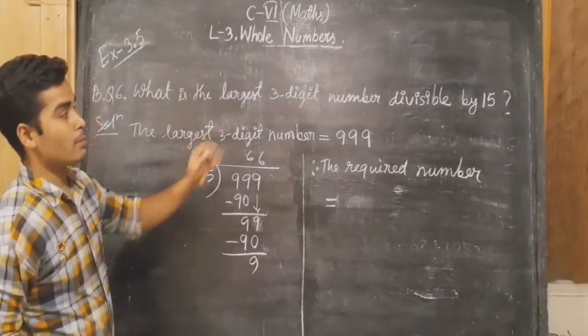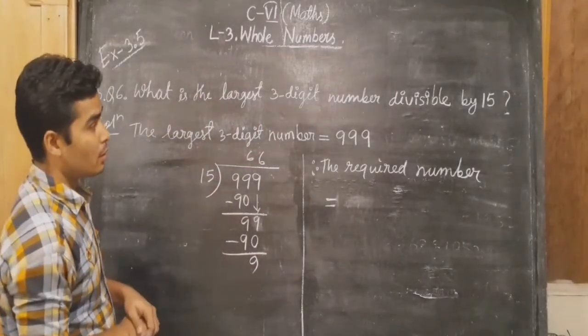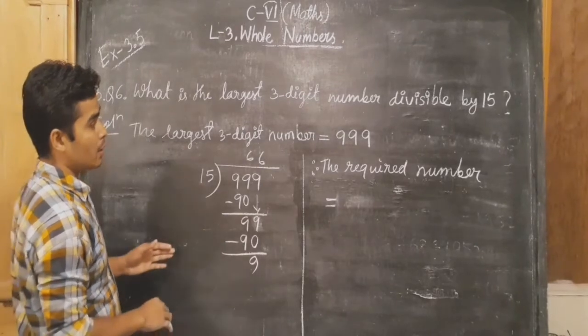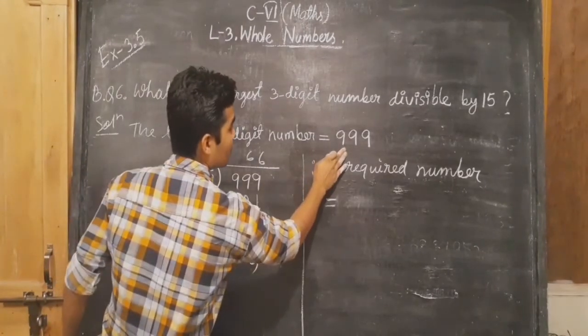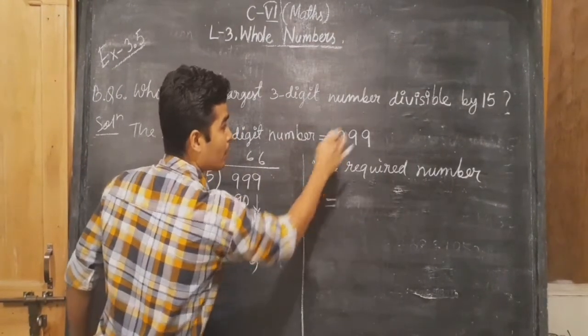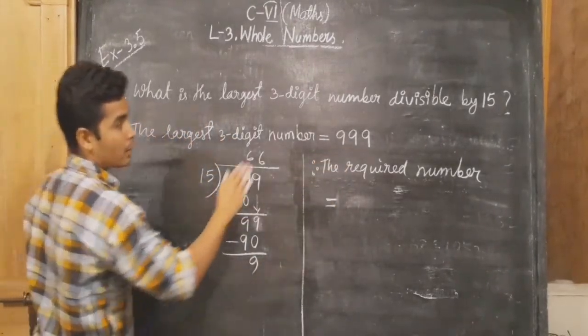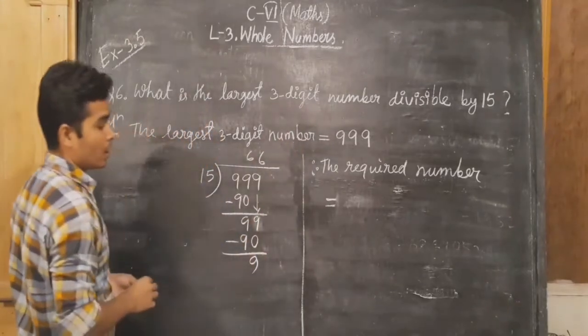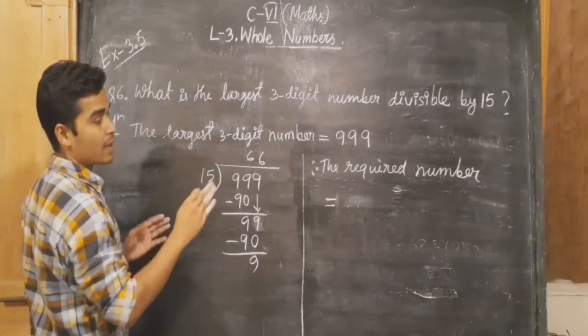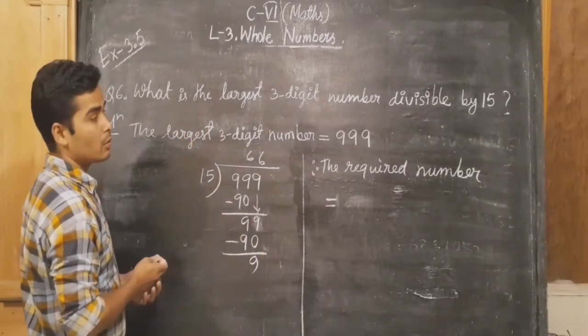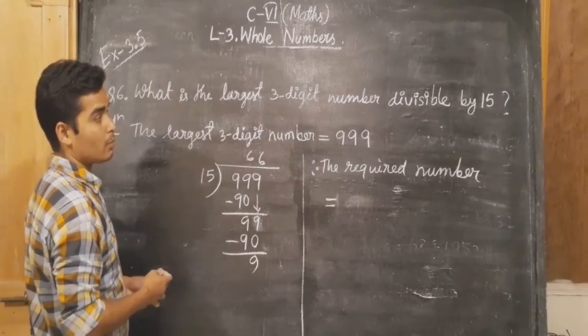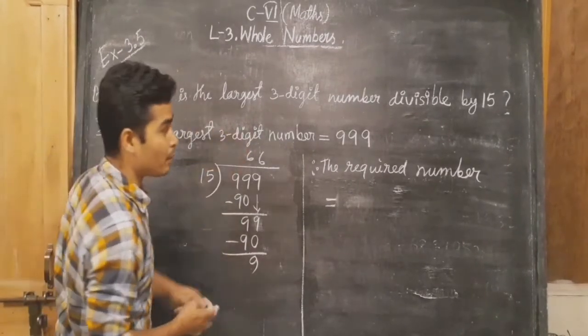So we know this number is the largest 3-digit number. Now we will see whether this number is divisible by 15 or not. If it is divisible by 15, then this will be our required number. If not divisible by 15 exactly, then we have to find the number which is exactly divisible by 15.